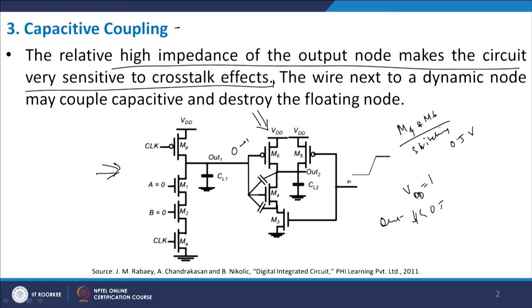The second problem is that M4 will have a CGD, and this CGD will add up with CL1, so the overall capacitive loading will also be large.